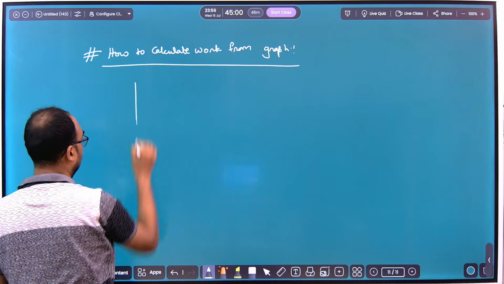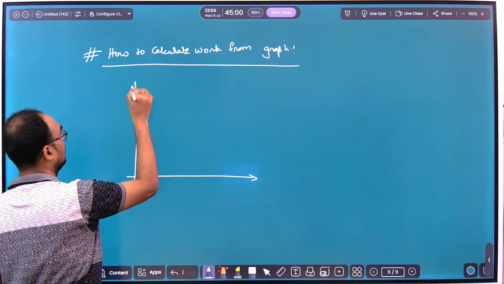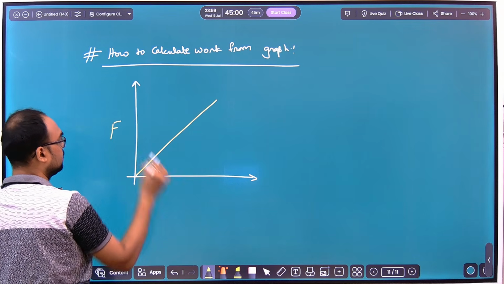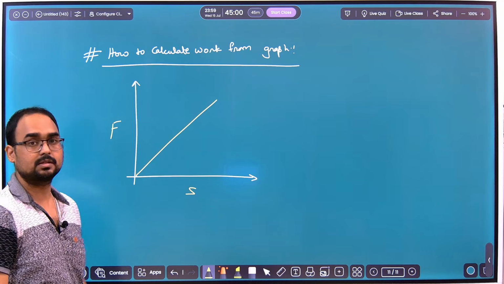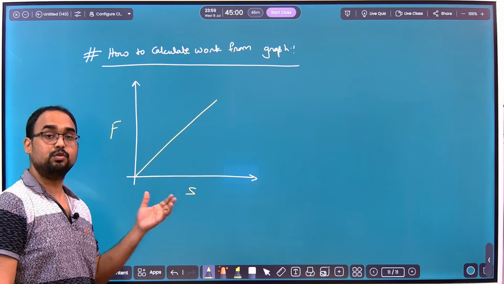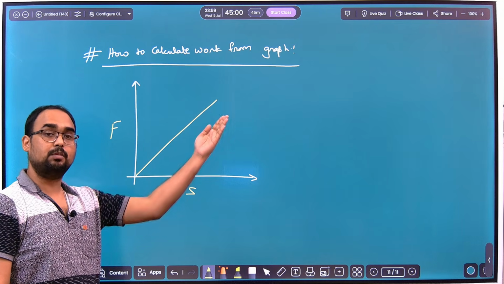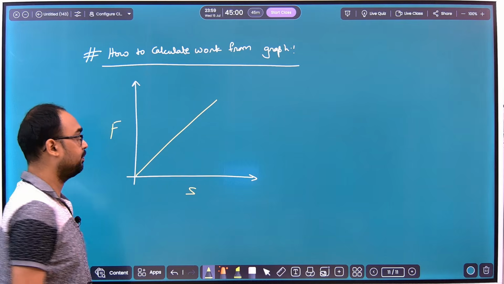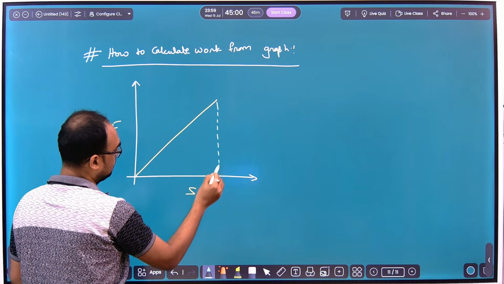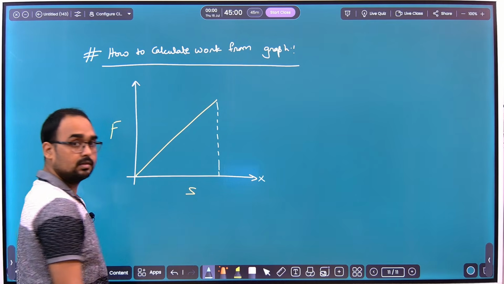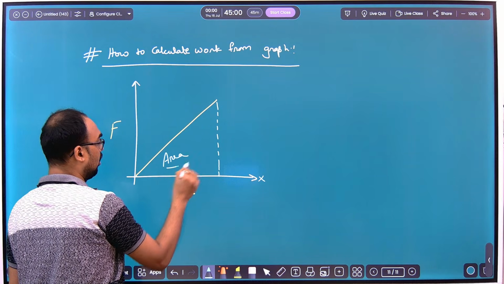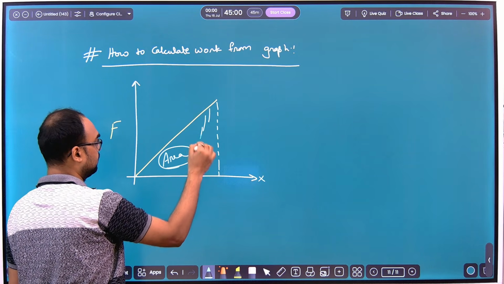Now, let us assume that a graph of force versus displacement is something like this, a linear graph. And you are asked to find the work done that this object has completed. All you need to do is draw a straight line like this till the x-axis, and then find the area of this portion, this triangle.